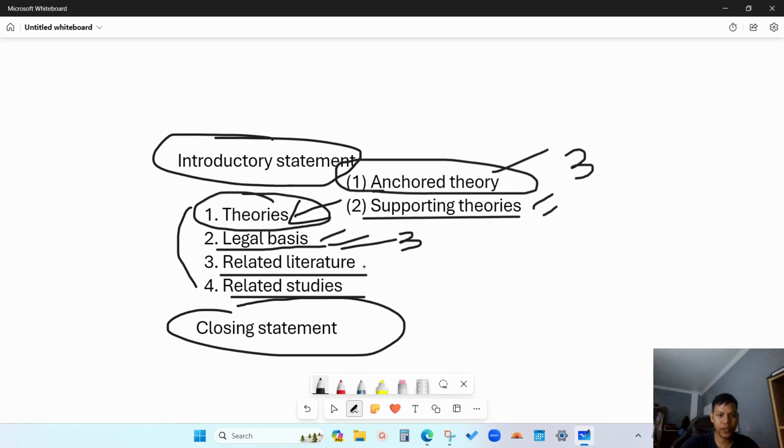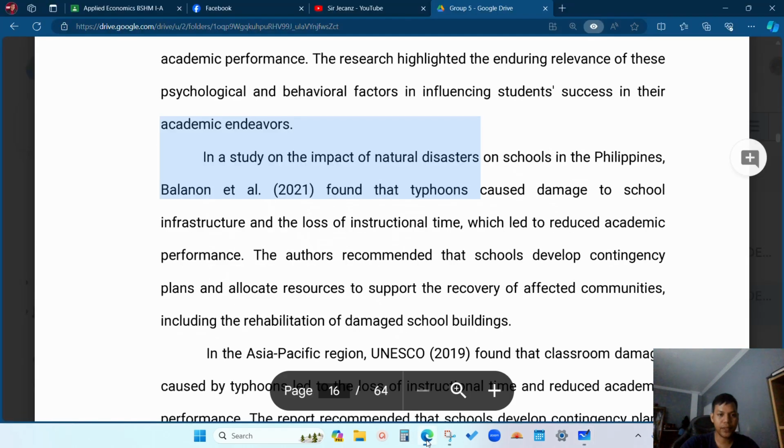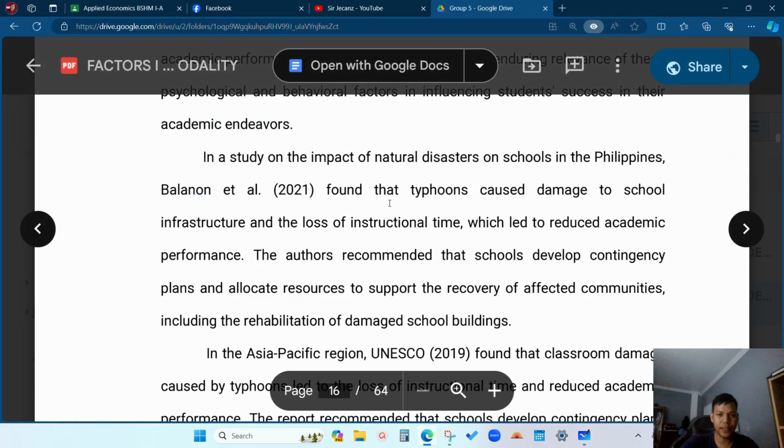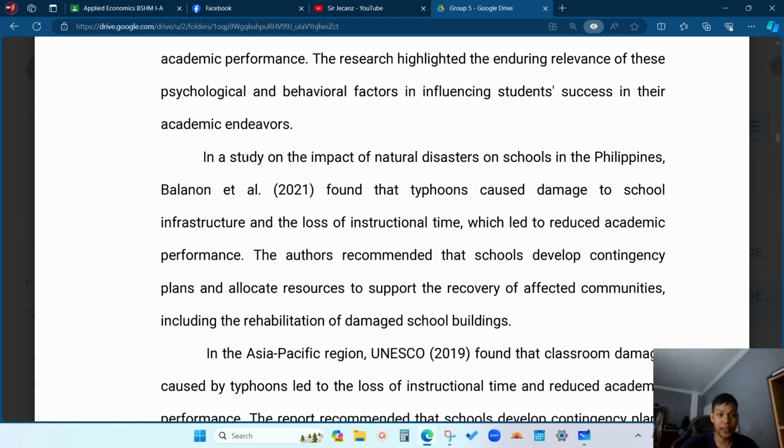One of the questions is, what's the difference between related literature and related studies? As we have seen here in the related studies, from the word study, there's a distribution of questionnaires, for example, for quantitative research. Your study, for example, is also considered a study.